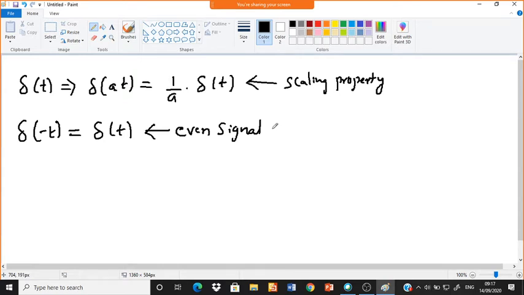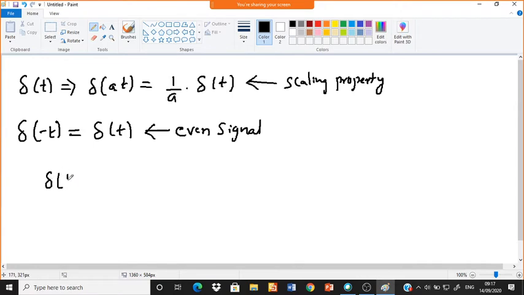And it will apply for the discrete domain also. And one more important thing: we have already seen the unit step function. Now del of t we can express in terms of the unit step function also.